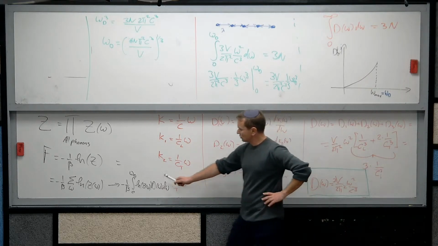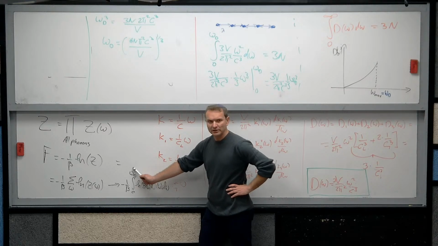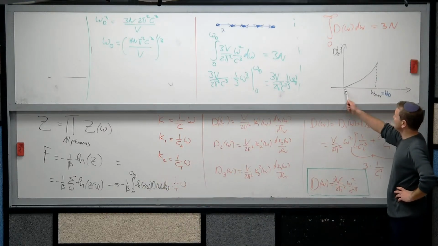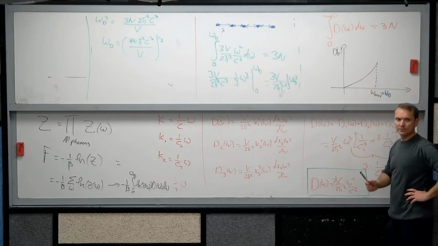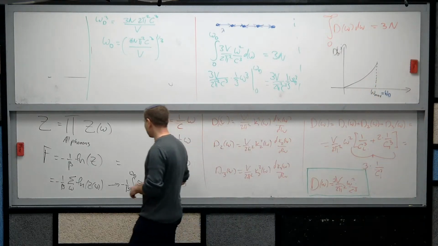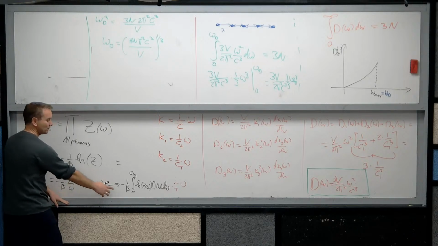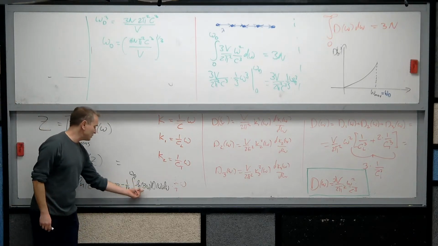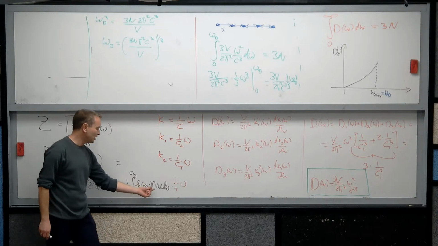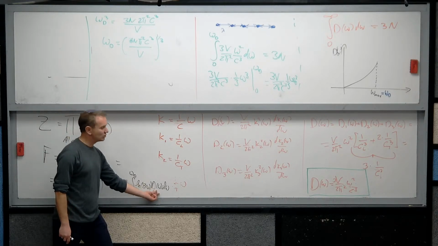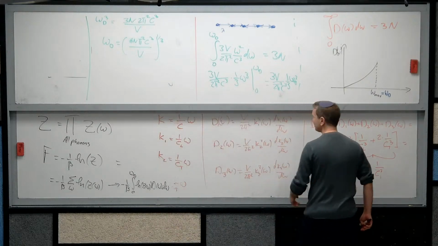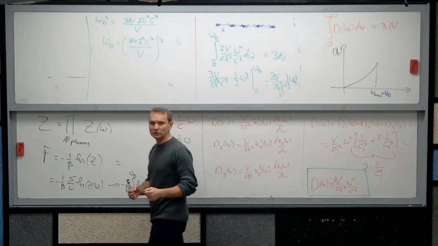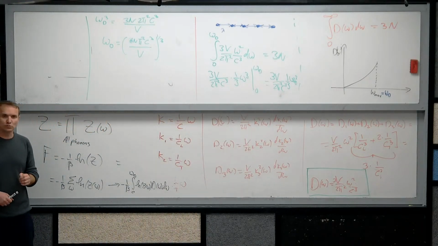The integral from 0 to omega Debye is simply due to the fact that d omega is defined only between 0 and omega Debye. So this is the form. We need to compute only Z of omega. We have a logarithm over here, a function that we know how it looks like, and we have everything. We can have a maybe complex and non-trivial integral, but it's fine. It's already a technical question.